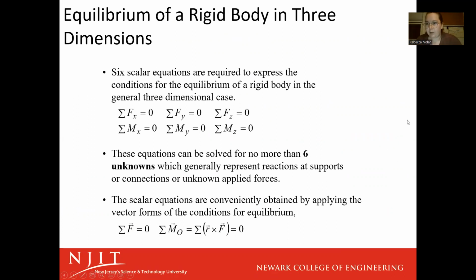Now we've started to look at moments, right? So with rigid bodies, if they are in equilibrium, if you had the summation of forces in x direction, summation of forces in y direction, and summation of forces in z direction all equal to 0, but you did have a moment, your object wouldn't be sliding, it wouldn't be moving along any of the axes, but it would be spinning, it would be rotating.